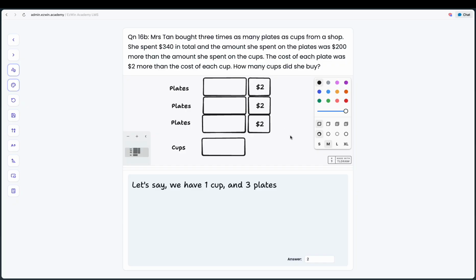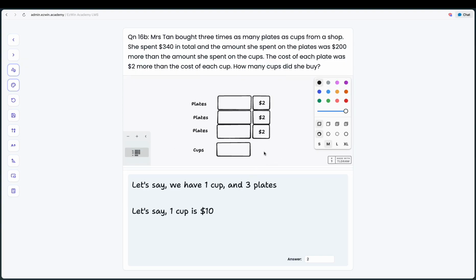Does this make sense? Yes, right? And then let's say 1 cup is $5. Or should we put 10? 10 also can, let's put $10. So instead of $2, this will be $10. So since we know that cups is $10, that means the plates is also $10.